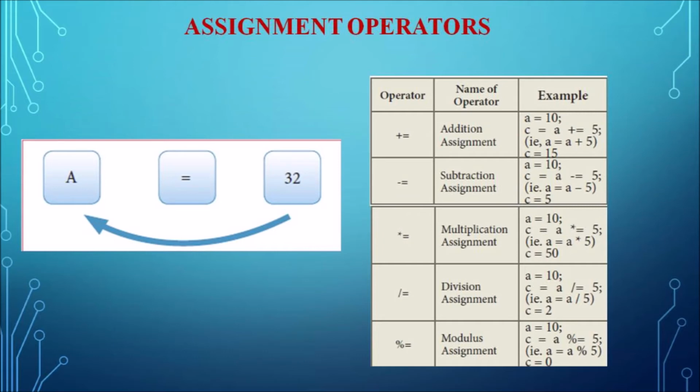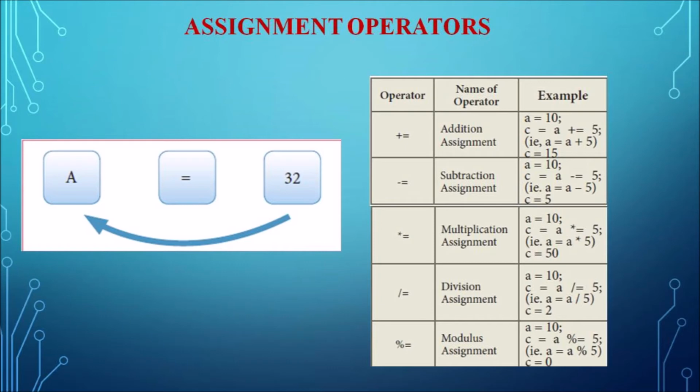We can say that the operator copies the value which is on the right side of the operator to the variable on the left side. That is the exact meaning.